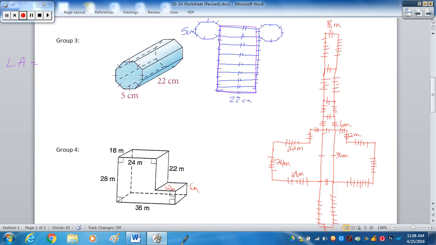Okay, and so if I go ahead and take 22 times 5, that would give me the area of one face, times 8, that's going to give me my total lateral area. So 22 times 5 times 8 gives me my total lateral area. If I work that out, you get 880 square centimeters.